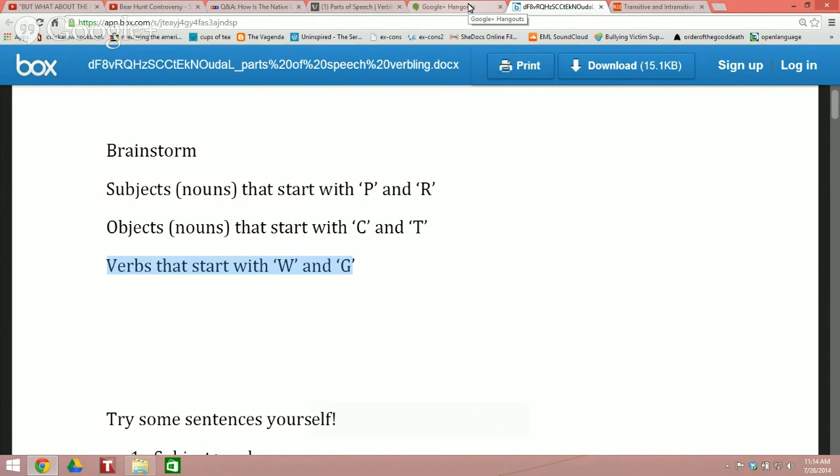Excellent. And with W, no. That's okay. It's hard to think of these things on the spot. It takes a couple minutes. Daniel, can you think of any other verbs that start with W or G? Yes. Wait and give. To give. Excellent. Okay.